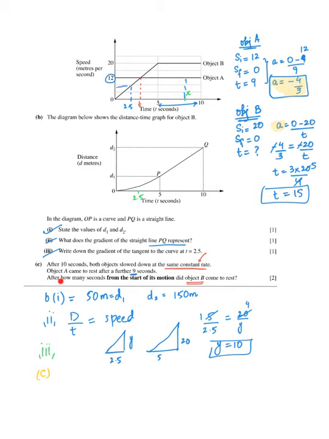But the question says after how many seconds from the start of its motion. So B had covered its distance till 10 seconds, and after 10 seconds it needs 15 seconds to come to rest. Therefore, total time for B equals 10 plus 15. It leads to 25 seconds.